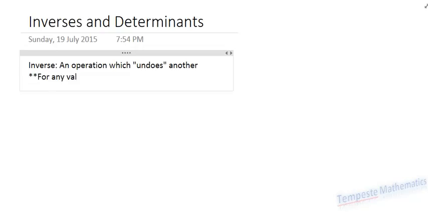For any value A, the inverse is denoted, meaning written as, A to the negative 1. Whether it's a matrix or a number, we denote the inverse as A to the negative 1.